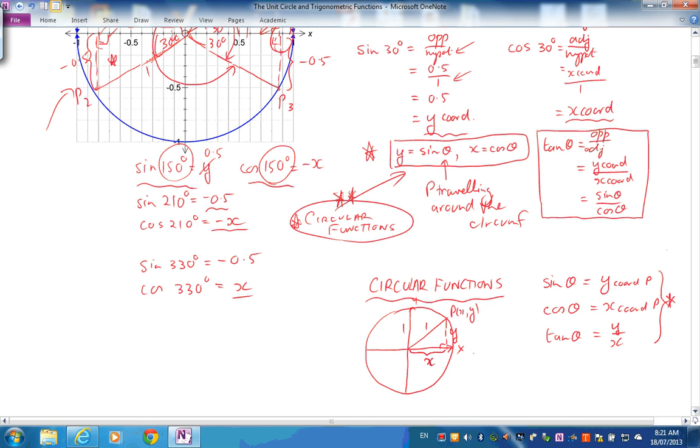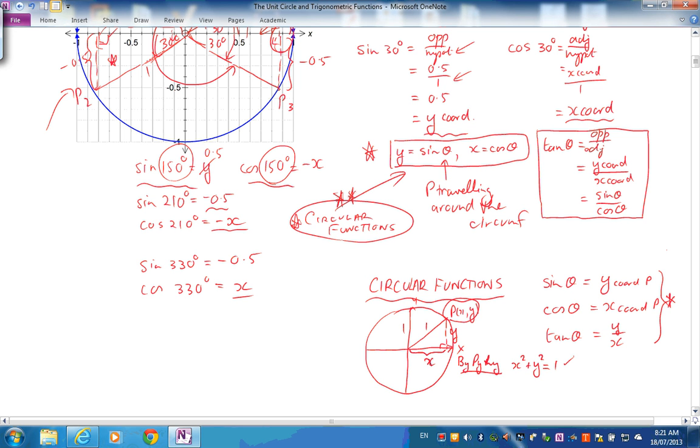So something interesting is going to happen there. By Pythagoras, what do you notice? X squared plus y squared equals 1, which is actually the formula or equation for the unit circle, as that's a rule that x and y must obey if that point P is going to travel around a unit circle.